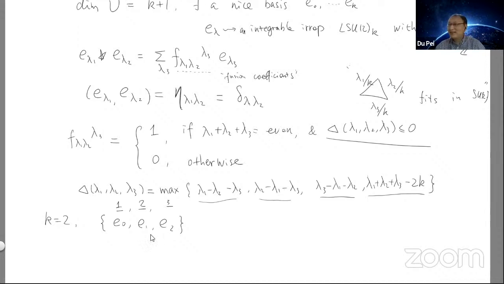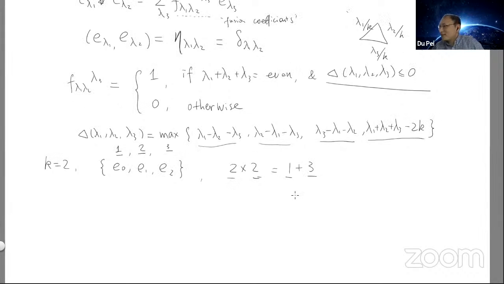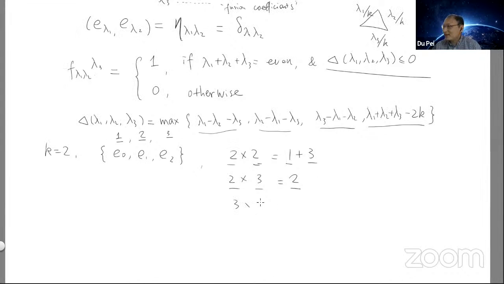And then the algebra is simply given by something like this. 2 times 2 equals to 1 plus 3. This is what you expect, how representations of SU2 or SL2 would behave. But then you will also have 2 times 3 equals to 2. And 3 times 3 equals to 1.